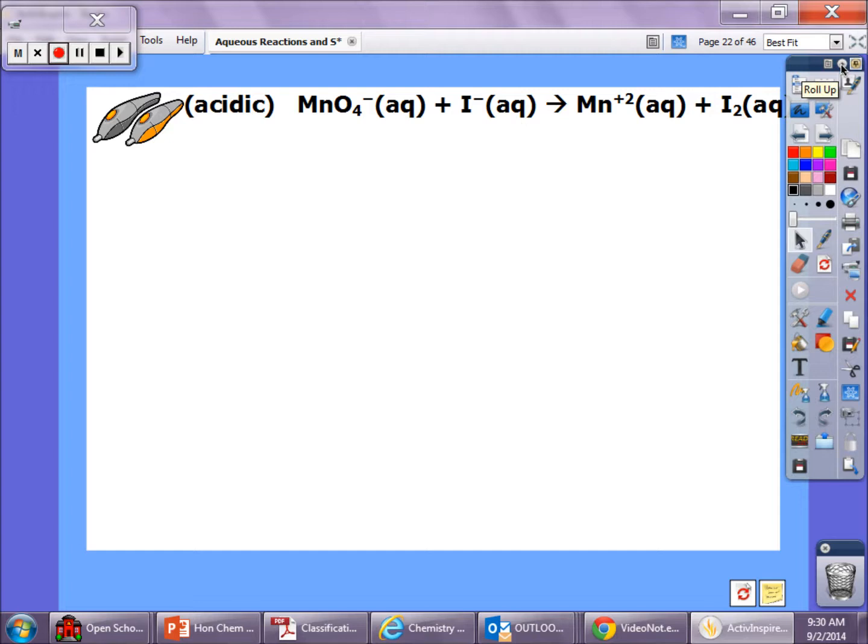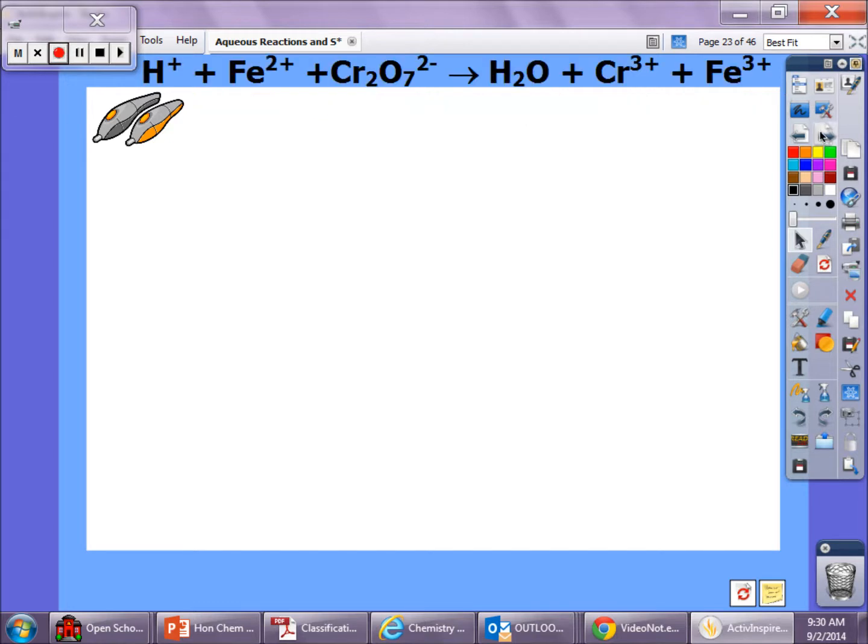So you pause it, you write this equation, or double check your packet to make sure they are not already there. Acidic solution, you end up with H plus. Here's another practice here. Pause, check your packet. If you don't have it, write it down. I will move on.